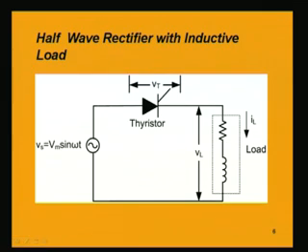The current in the load was drawn from the supply. It was flowing through the thyristor and the load even when the voltage was in the negative half. It was going into the negative half cycle because of the current in the inductor not immediately becoming 0. It was following an exponential behavior.